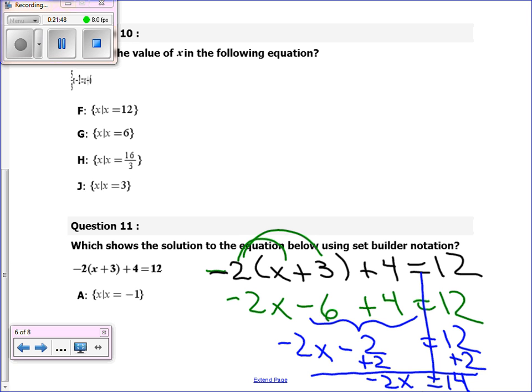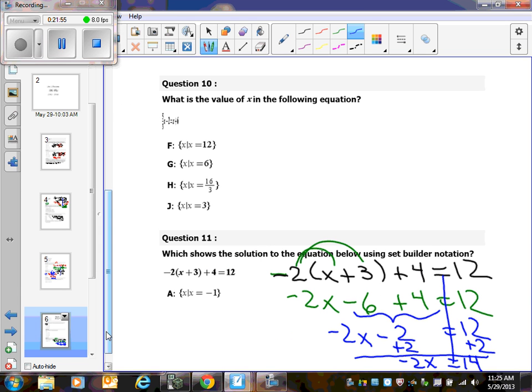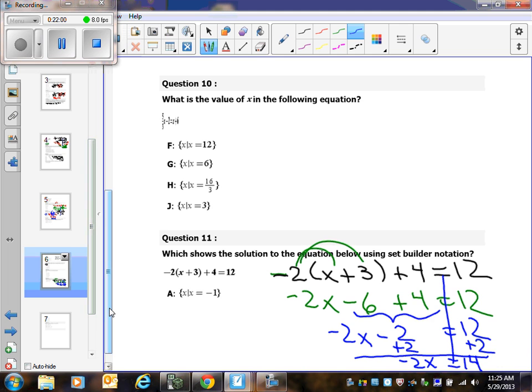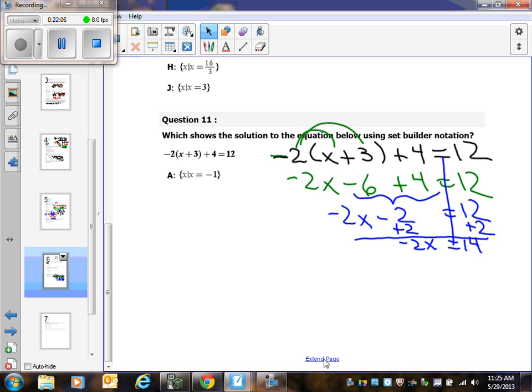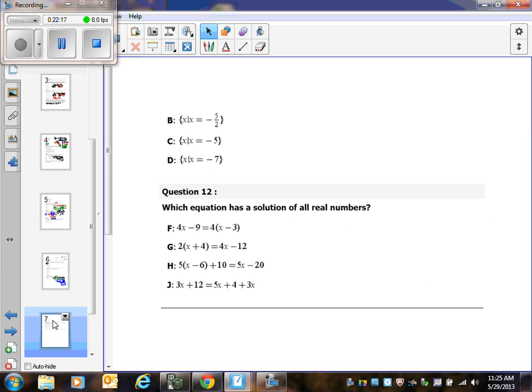And then we'll get a final answer of negative 7. Let me just show that last step. So let's go to the next screen. So it's probably going to be choice D. So our answer for that one was choice D.